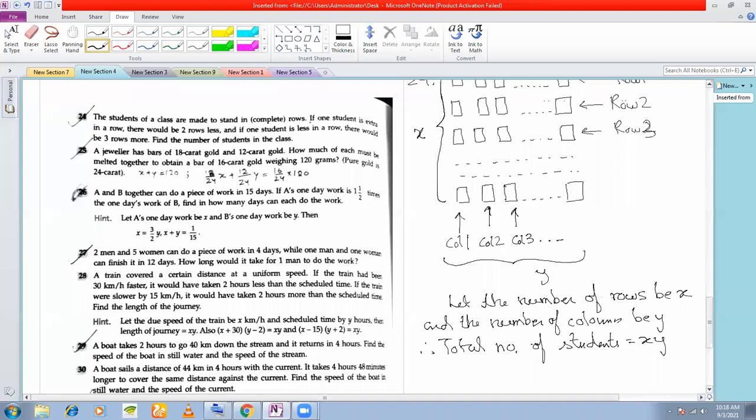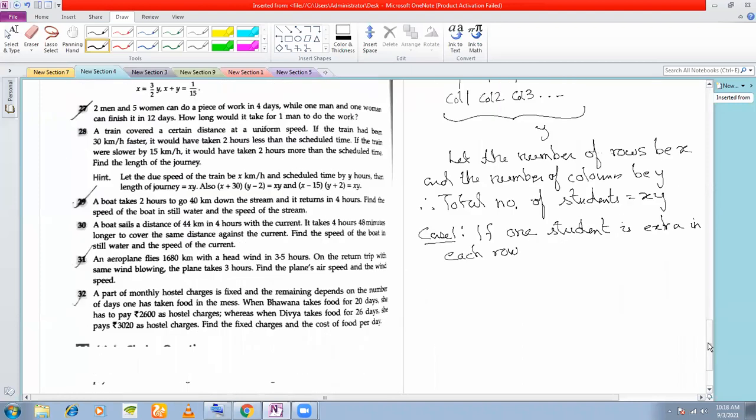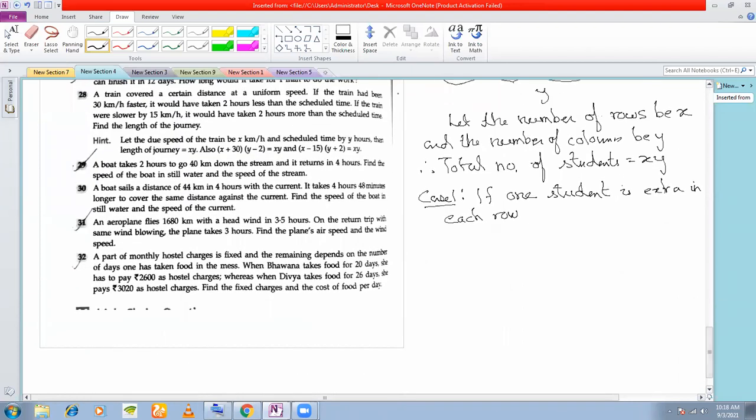Now look at this condition. If one student is extra in a row, there would be 2 rows less. So I consider the first case, case 1. If one student is extra in each row, then how would this arrangement look like? Now this arrangement, you have this way, student standing here.